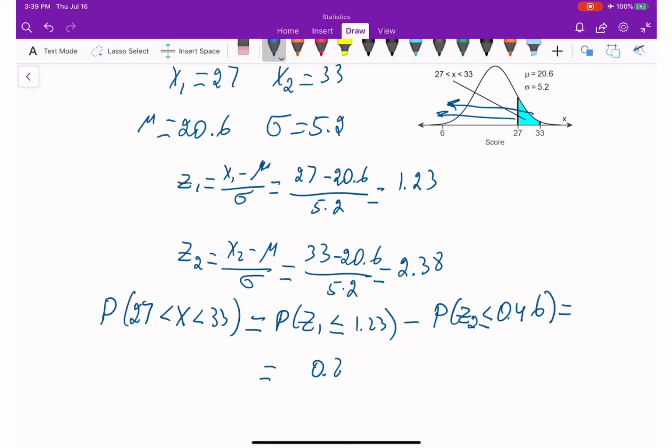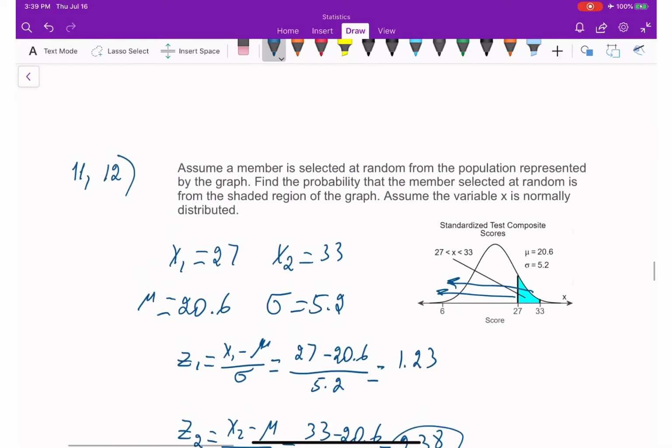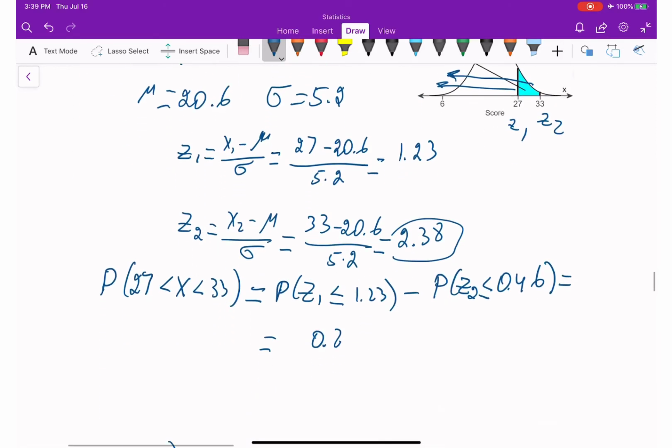Wait a minute, I think I should put the opposite, because this is positive 1. It's going to be, yeah, Z2, of course. This is Z2, this is Z1. So I have to take Z2 minus Z1.